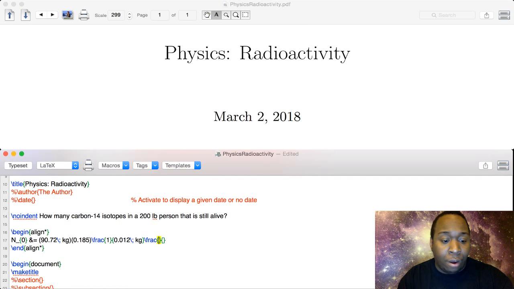Earlier I saw that for every carbon-14 isotope or atom, there is on the order of 10 to the 12 carbon-12 atoms. And I believe this is the correct math that we want to go with.